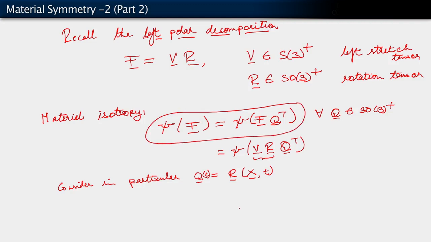Since it is included, psi as a function of F must depend upon V only. And so, just as we did in the case of material frame invariance, we conclude that for a material to be isotropic, psi has to be such that its dependence upon the deformation gradient is only through the left stretch tensor.